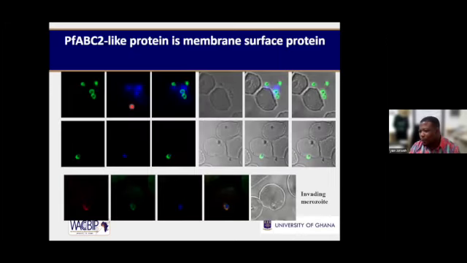And we could do other analysis looking at the merozoite, and you see that in the individual merozoite, it is clearly perinuclear. And even if you want to look at the merozoite as it enters, this is a whole red blood cell. You can see here, this is the gene of interest, which is in green.